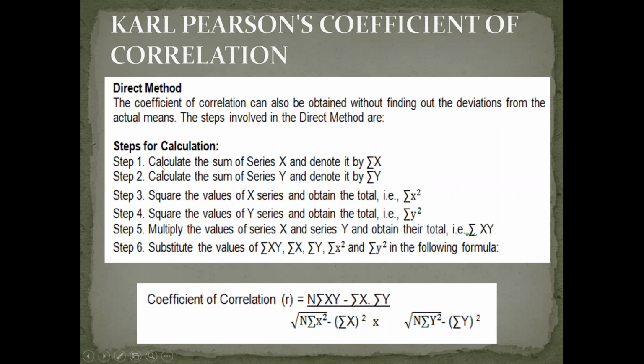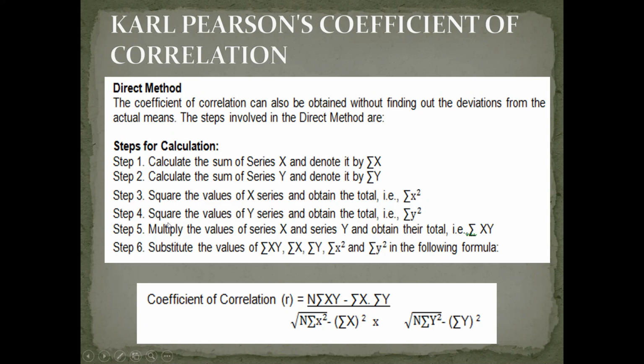Step 1: calculate the sum of series X and denote it by summation X. Step 2: calculate the sum of series Y and denote it by summation Y. Step 3: square the values of the X series and obtain the total, that is summation X square.